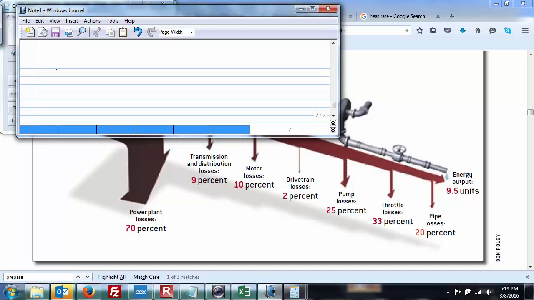So we're going to start with 100, and we're going to lose 70% of it, so we multiply that by 0.3. So we would get 30% out. Now we're going to lose another 9%, so we multiply that by 0.91.